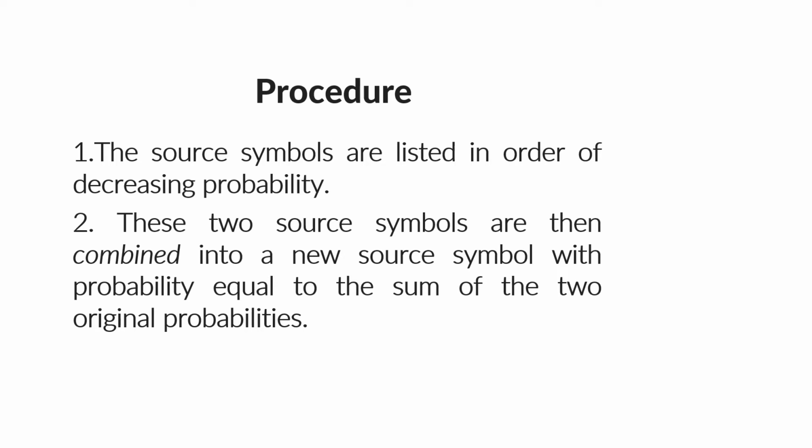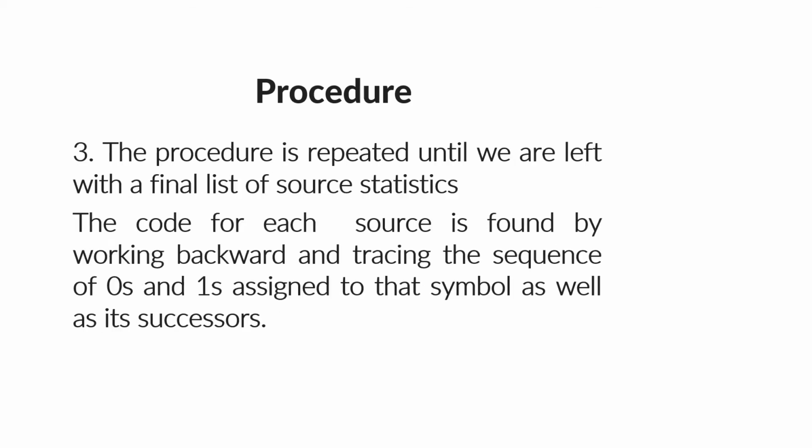The last two source symbols are then combined to have a probability equal to the sum of the two original probabilities. The procedure is repeated until we are left with a final list of source statistics with just two symbols. The code for each source symbol is found by working backward and tracing the sequence of zeros and ones assigned to that symbol as well as its successors.